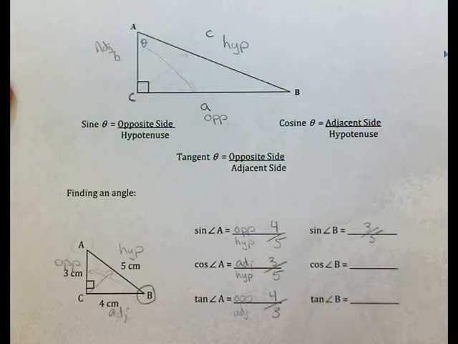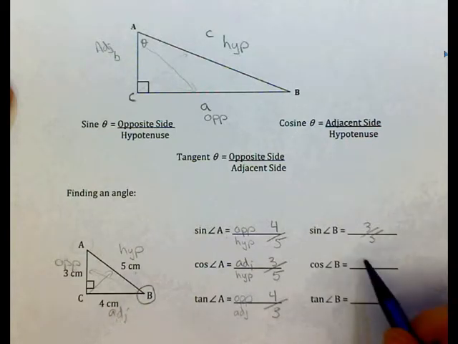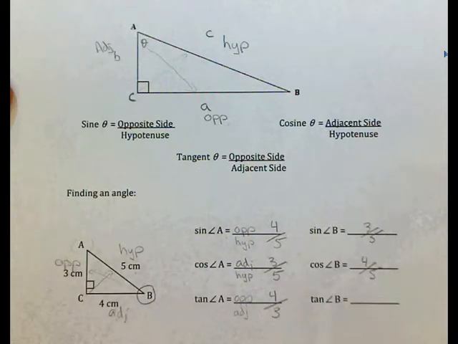Cos of B. Well, my cos is adjacent over hypotenuse. My adjacent is 4, my hypotenuse is 5. 4 over 5. And finally, tan is opposite over adjacent. 3 over 4.